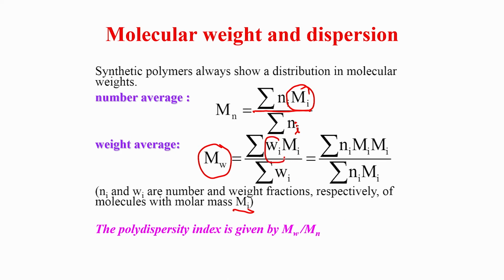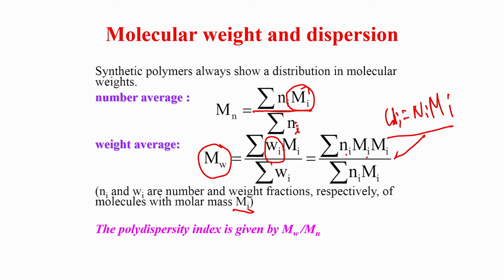Now, what is Wi? That is the weight fraction of the molecules of molecular mass Mi. So, Wi is nothing but Ni Mi, right. So, if Wi is the weight fraction, it is nothing but Ni Mi.